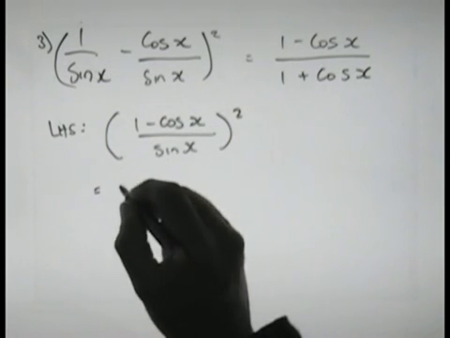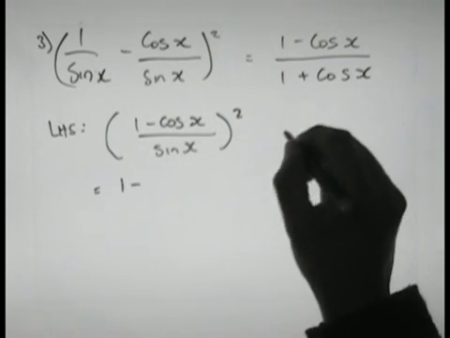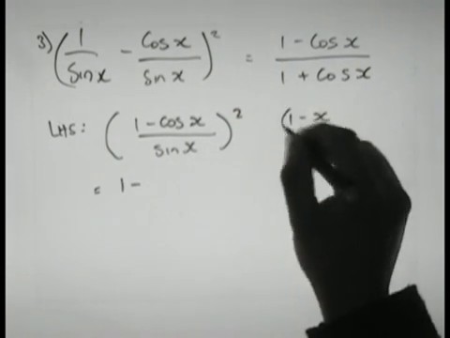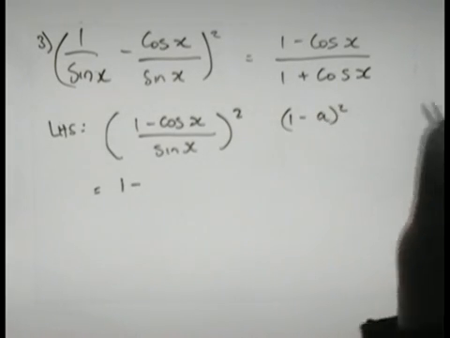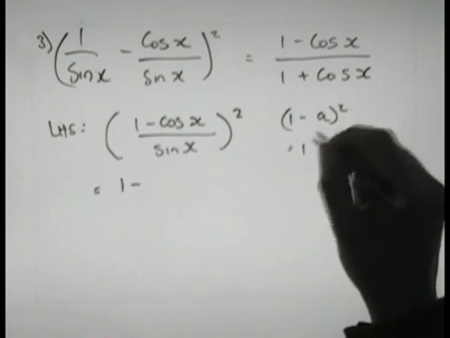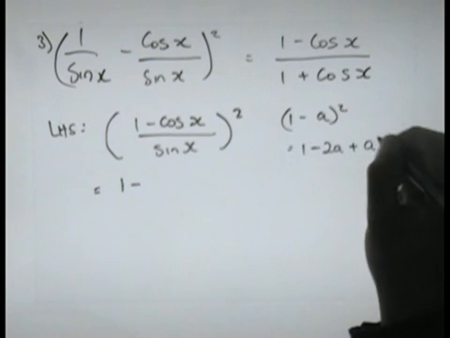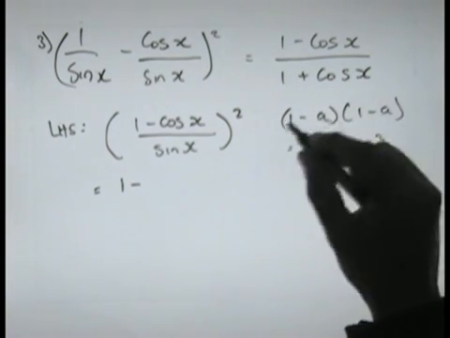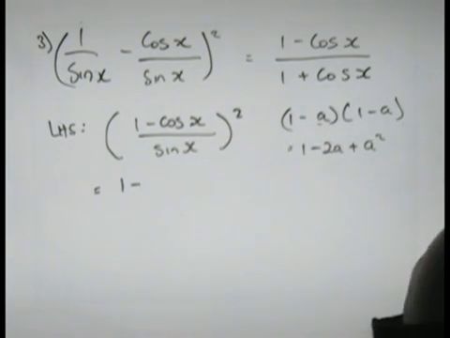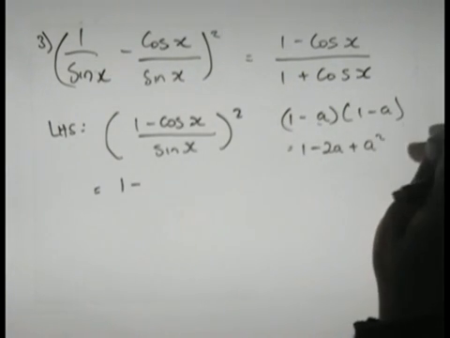1 squared is going to be 1. Now remember this, (1 minus a) squared, to avoid confusion, is going to equal 1 minus 2a plus a squared, because it's 1 minus a multiplied by 1 minus a. 1 times 1 is 1, minus a outer, inner is minus 2a, minus a times minus a is plus a squared, right?